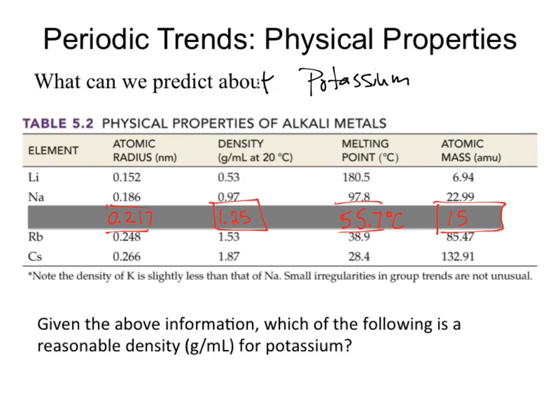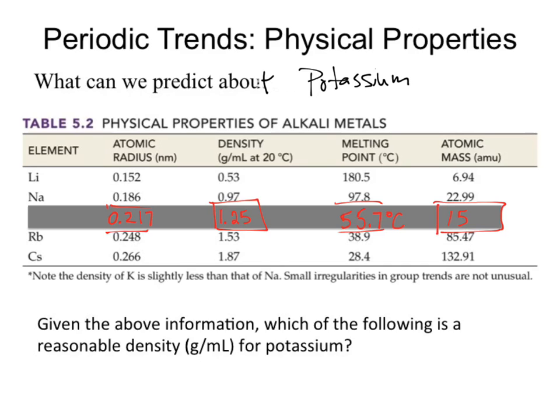So maybe adding maybe 0.2 to our 0.186 would be okay. And that still gets us pretty darn close to that 0.217, right? What about for the density? How do we calculate the density? Same idea. How about the melting point? Roughly the same idea. We're dropping each time.